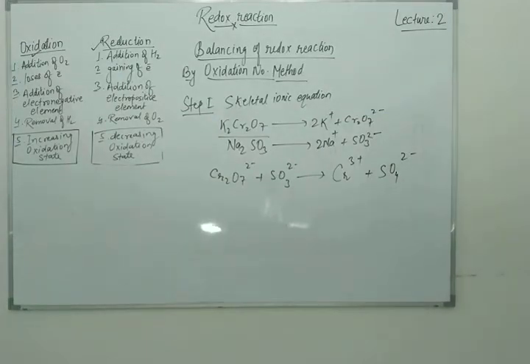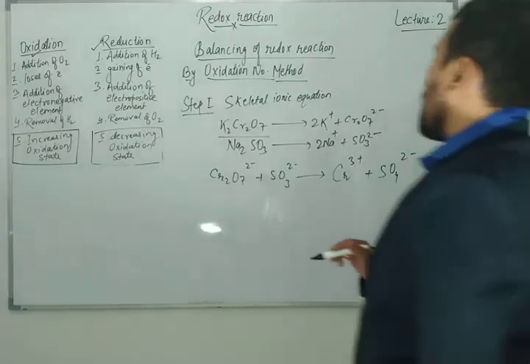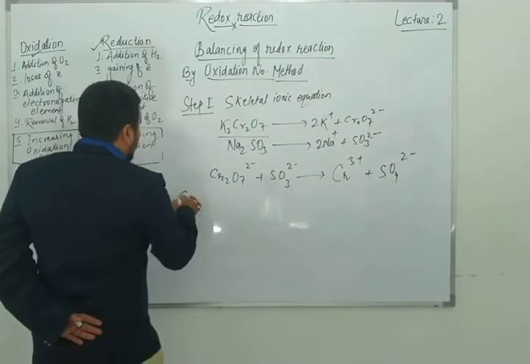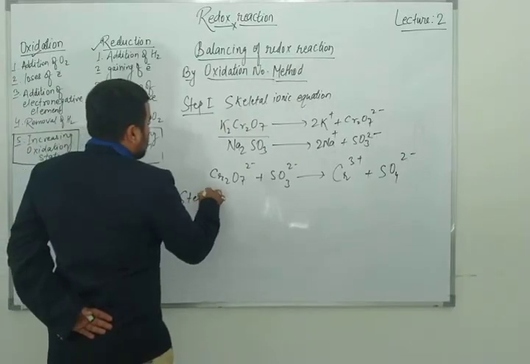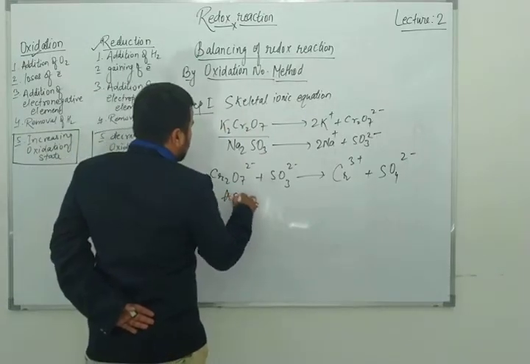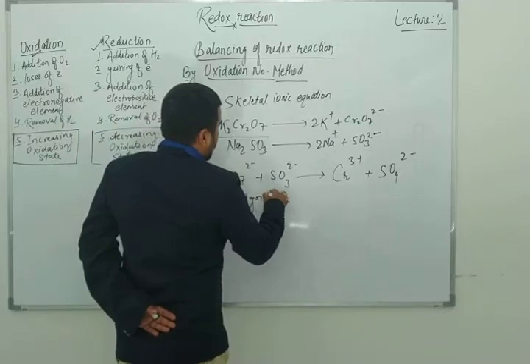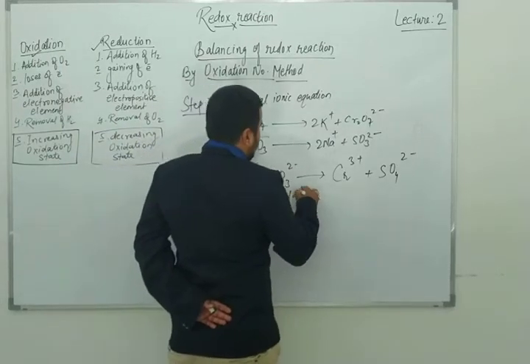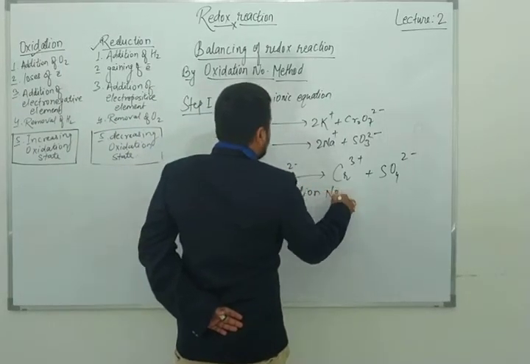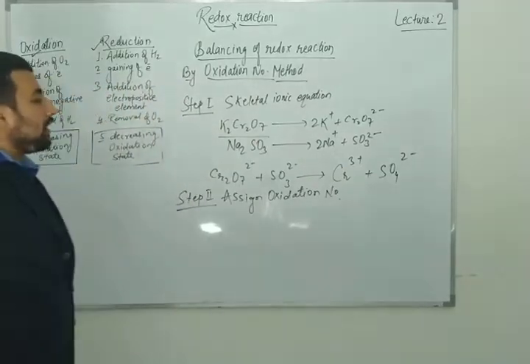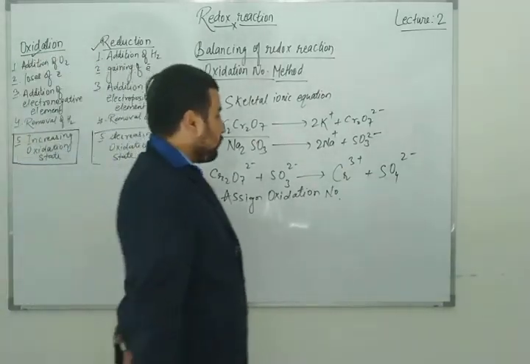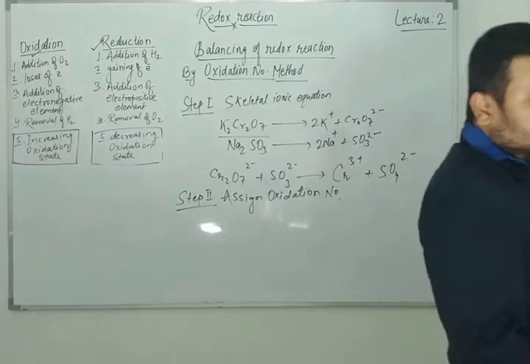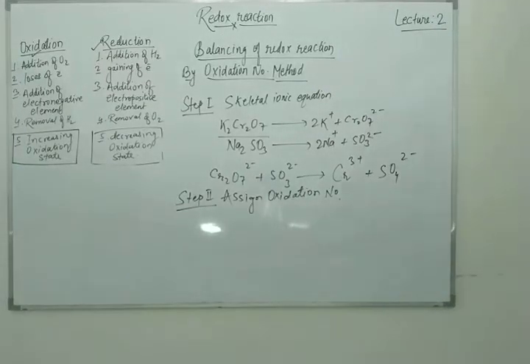Now you have to assign the oxidation number. What is the oxidation number of chromium in this reaction? Step 2 is you have to assign the oxidation number or oxidation state. Can you tell me what will be the oxidation state of chromium and sulfur?